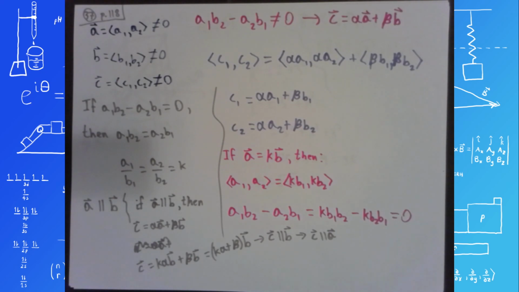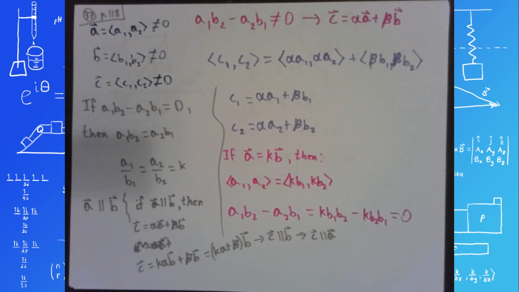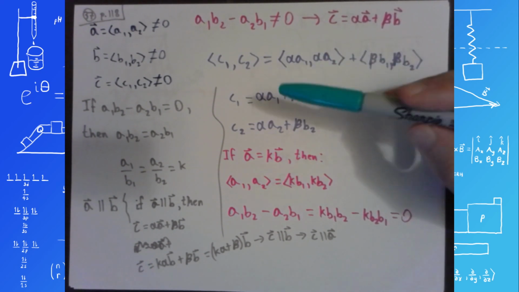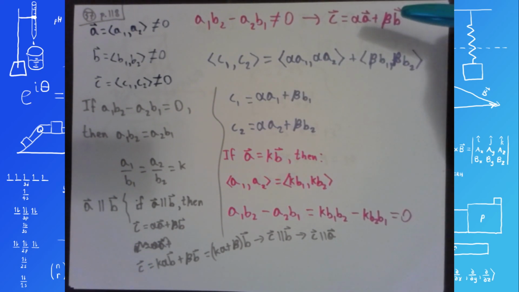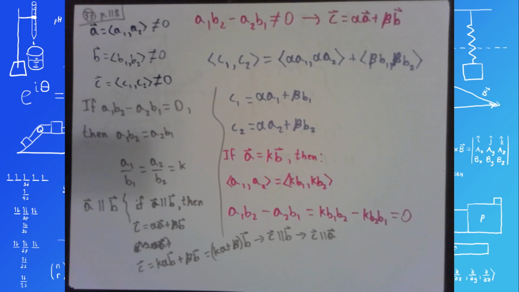So what the problem is really asking us is, given A, B, and C, show that you can come up with an alpha and a beta for any C that make this equation true. For any C, you can find an alpha and a beta such that you can make any vector C out of some combination of A and B.